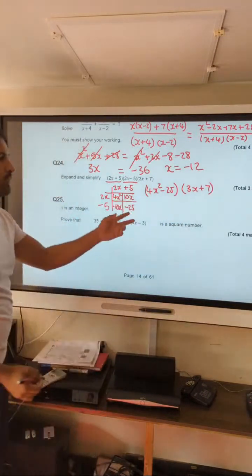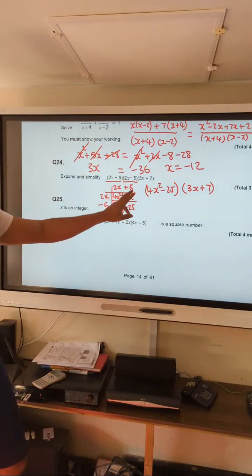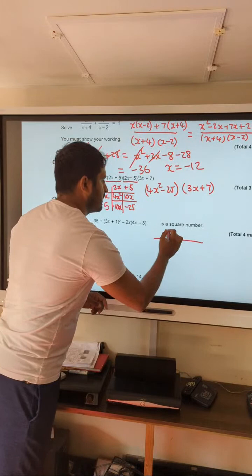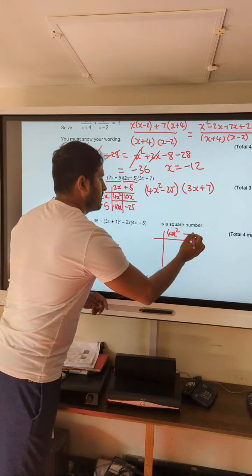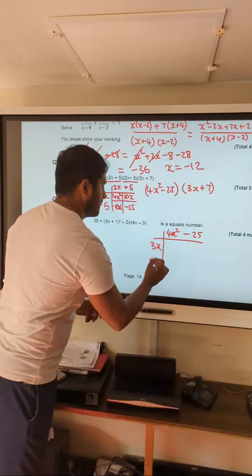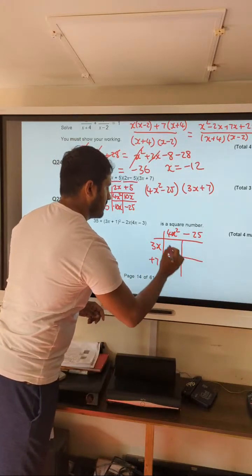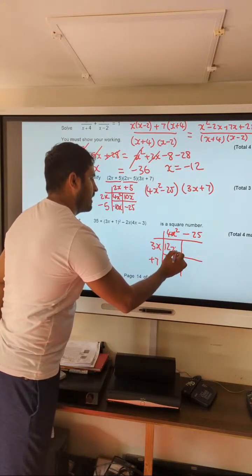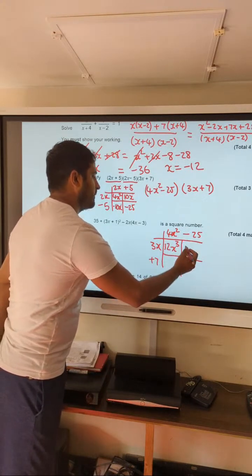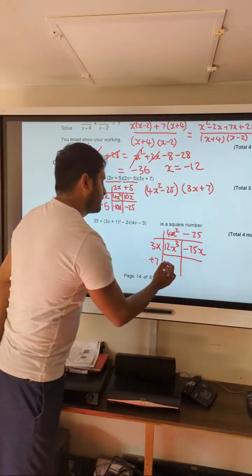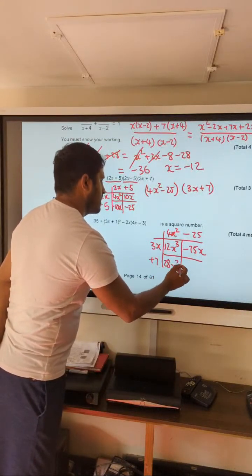So again, we can do the same thing. Exactly the same thing that we just did here. Use a grid method. We got 4x squared this time, minus 25. And then you've got 3x plus 7. 4x squared times 3x gives you 12x cubed. 3x times 25 gives you minus 75x. 28x squared.